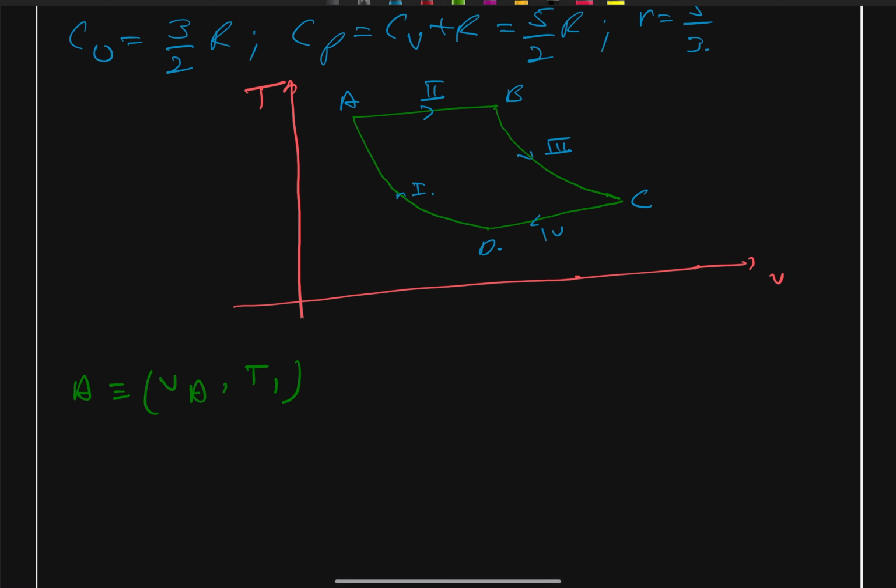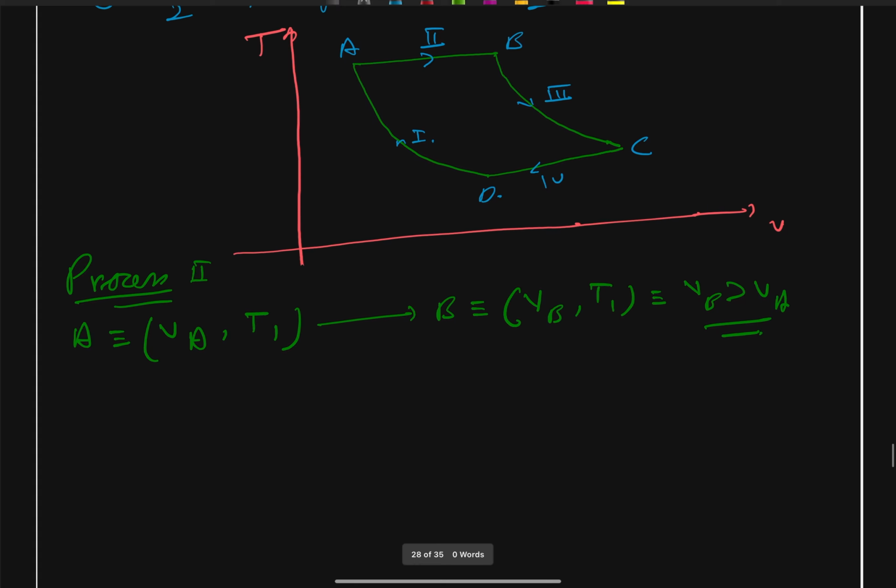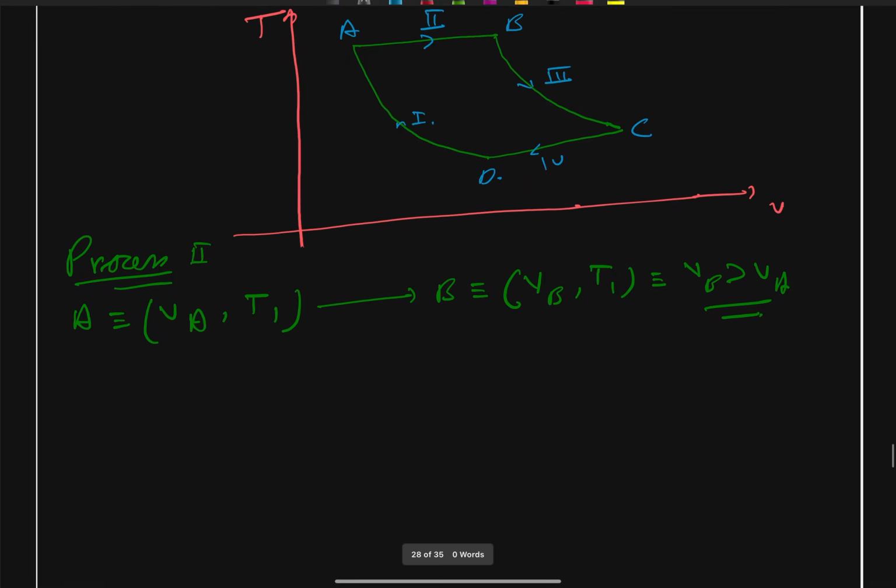And let me also write this is our process 2. Process 2 goes from A to B, and for B let us call the volume VB, temperature is still T1. So from here we can at least say that our VB is greater than our VA. Okay, this was our process 2. Now we come to process 3.